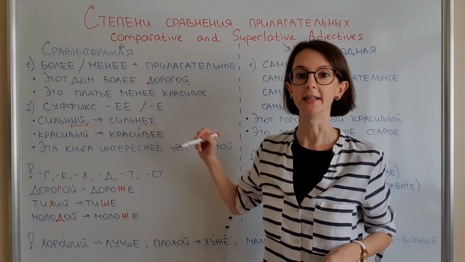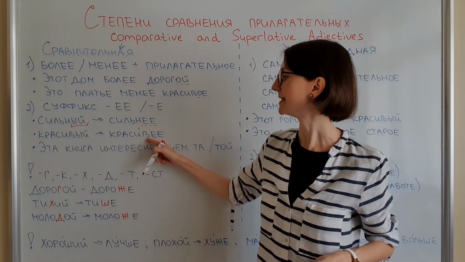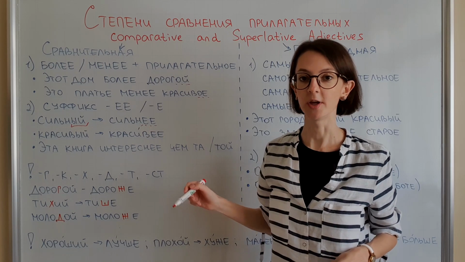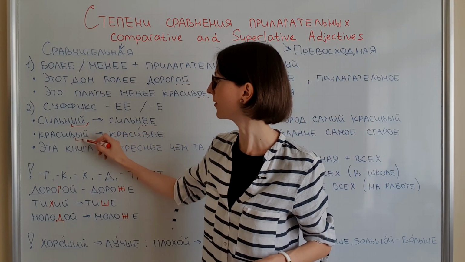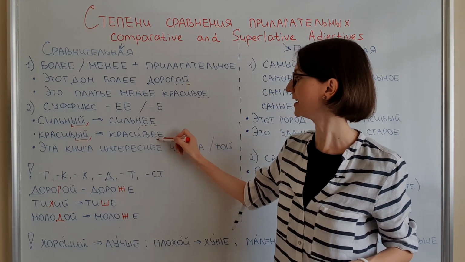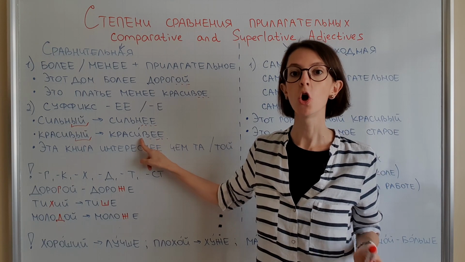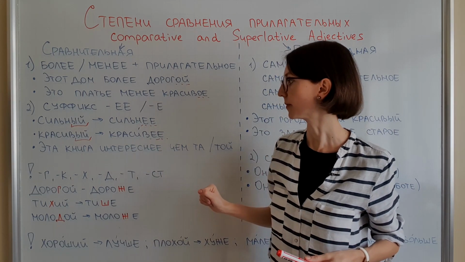Сильный, сильнее. Красивый, красивее. The same situation here. The last two vowels, our ending, we change to ее. Красивый, красивее. Beautiful, more beautiful.